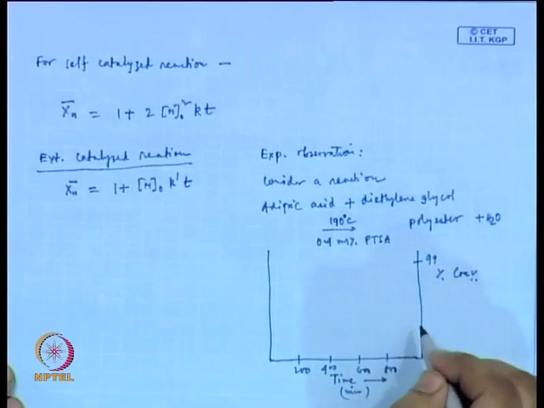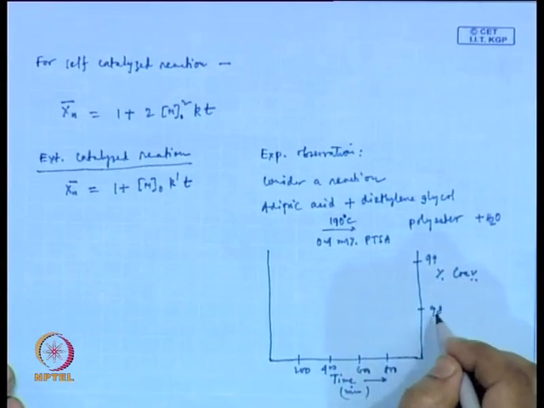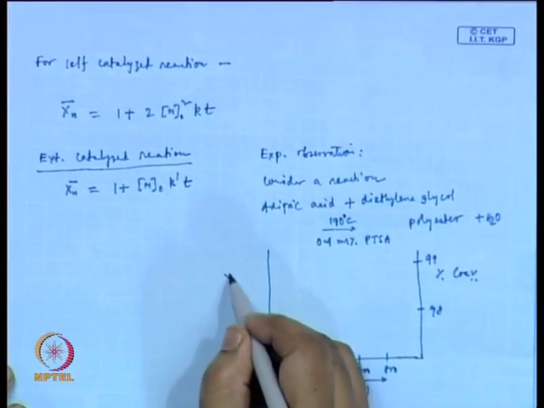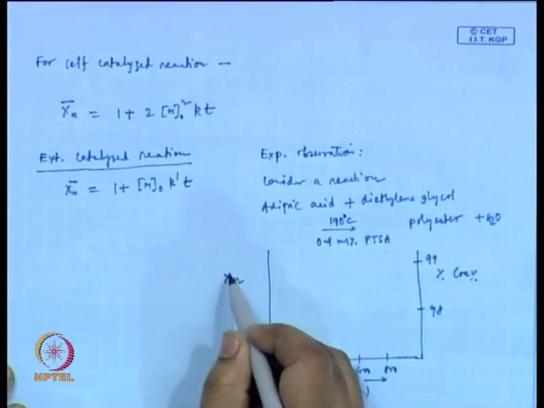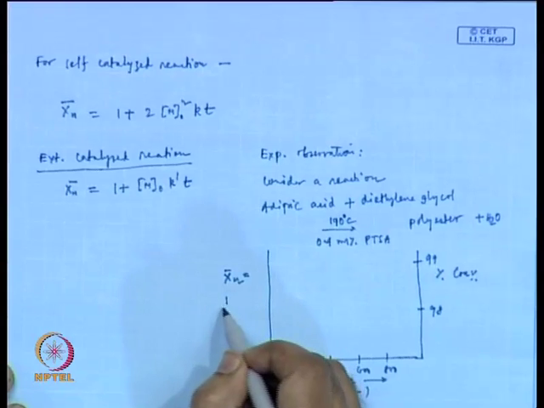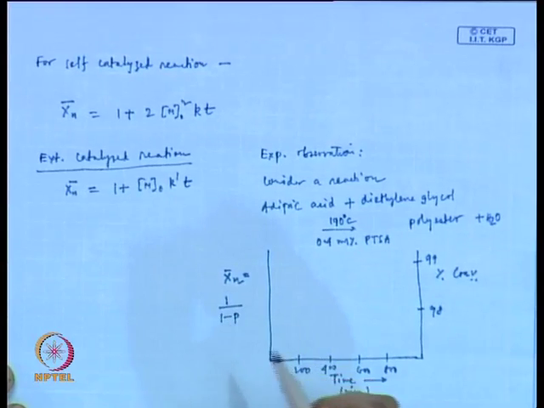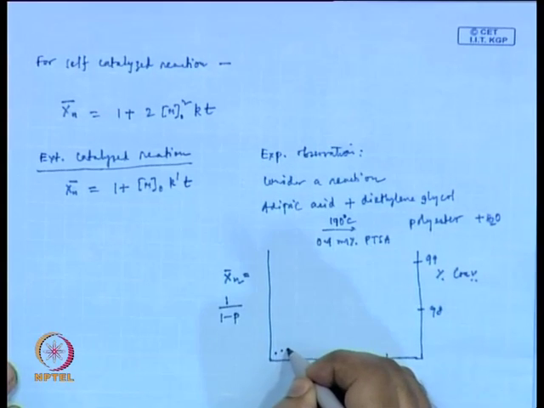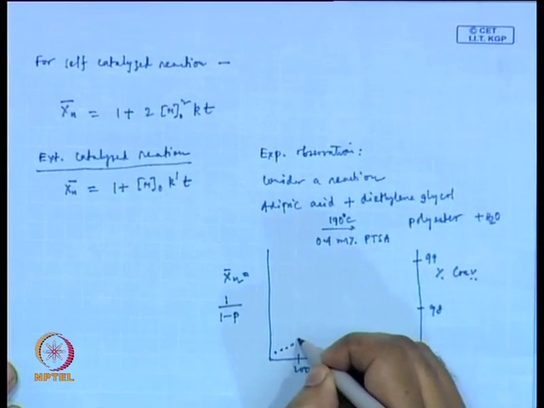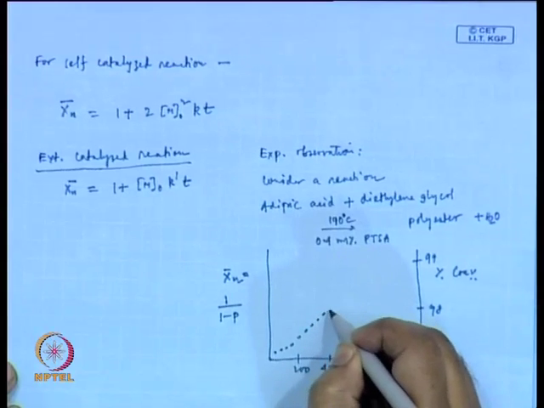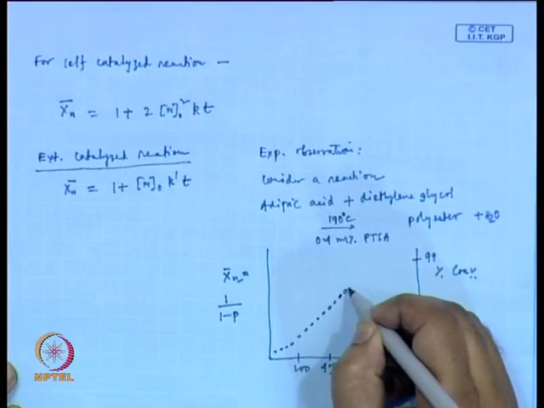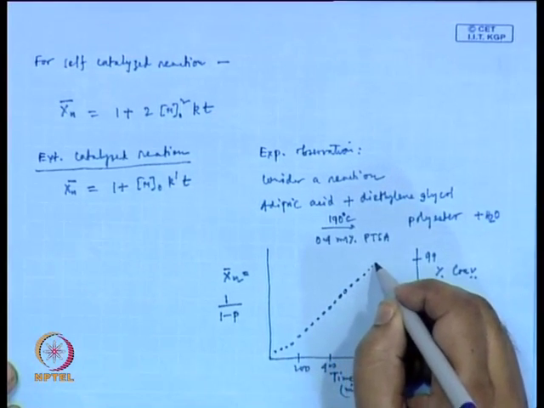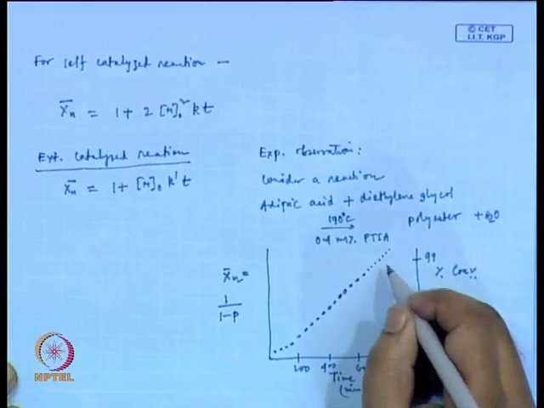This is 99, this is somewhere 98, and on this side we have Xn bar, which equals 1 by 1 minus P. Experimentally it has been found to follow something like this.